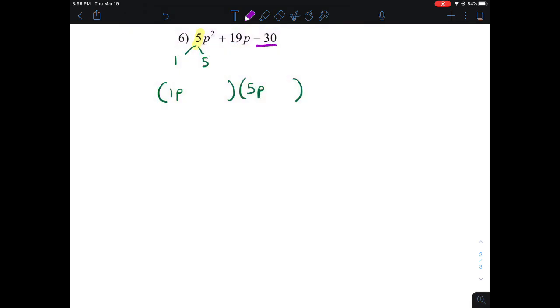Now, I got to write out my list of factors that make negative 30. Well, because I see a negative sign, I have to account for both positive and negative factors.